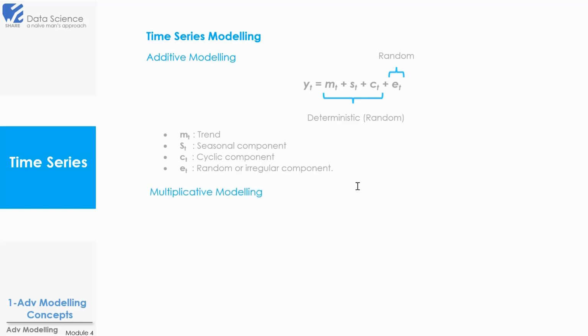But before that, let's see what is the second type of model. The second type of model for time series is multiplicative modeling, which is given by the following equation. Now here everything remains the same except that it is being multiplied instead of addition. We can transform it into an additive model by taking log of it, and then it can be treated as an additive model.